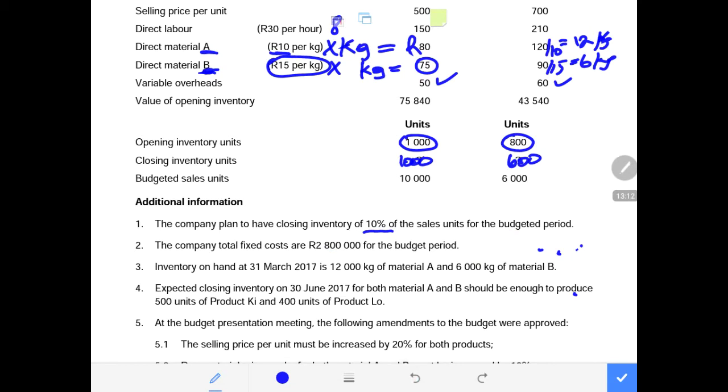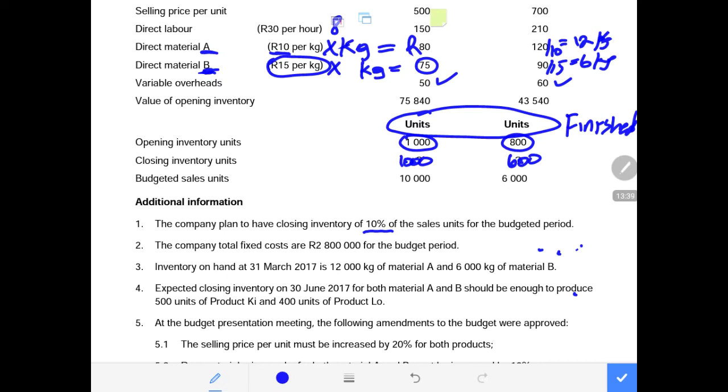Then after, we are told that inventory on hand at the end of March is 12,000 kgs for material A and 6,000 kgs for material B. Please be mindful of the fact that when I was referring to these units, these were the units of the finished goods. This was the inventory of finished goods, meaning completed goods.